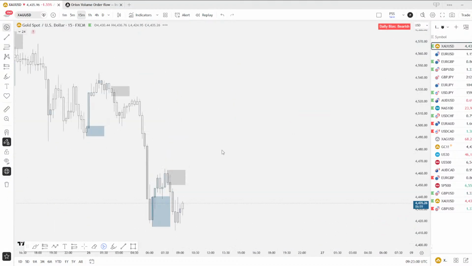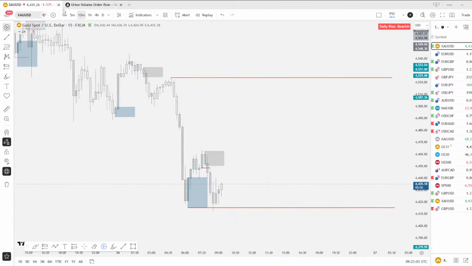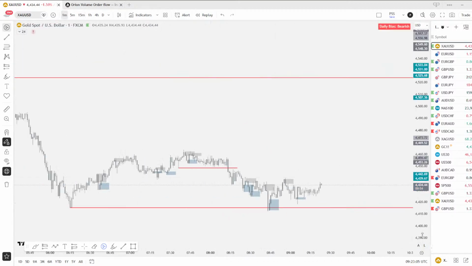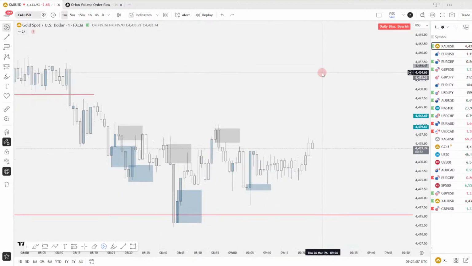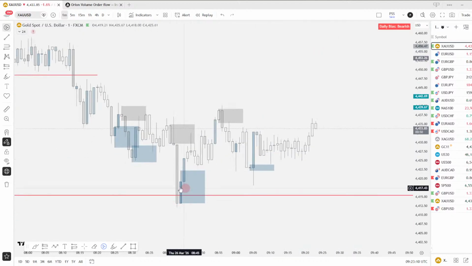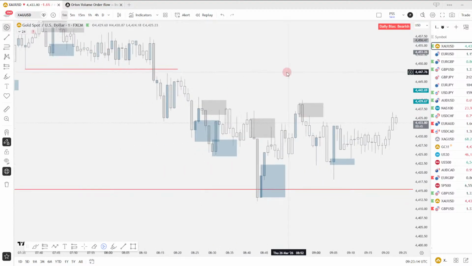Now at the minute, gold, I spoke to you guys about this earlier, gold has ran the low. We've seen an incredibly high volume movement. Again, you can see the candles on my charts, right?